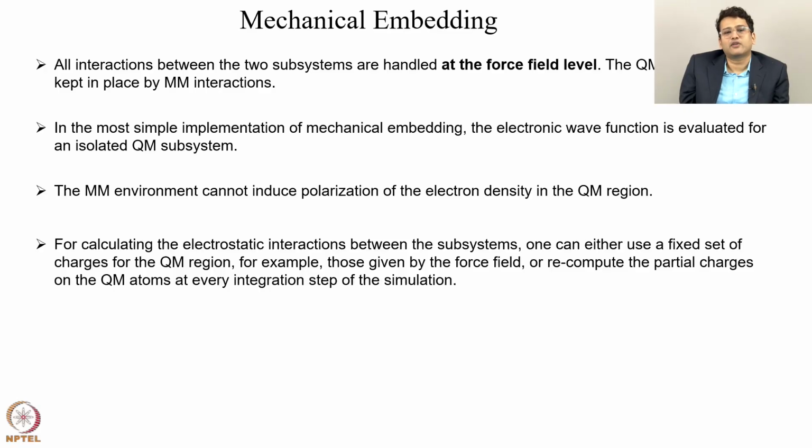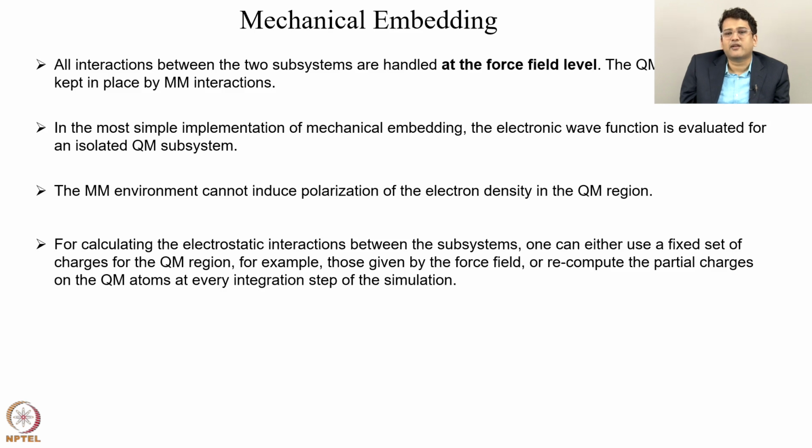For the calculation of electrostatic interaction between the subsystems, remember we are discussing an additive coupling scheme, so I somehow need to calculate the interaction between the QM and the MM region. So, I need the charges.